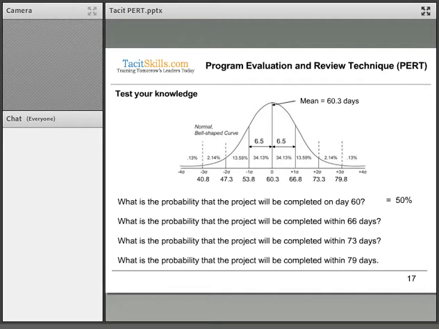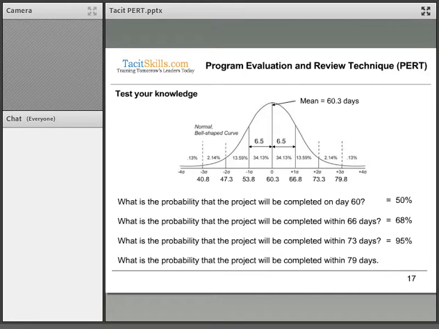If we look at the probability that we will complete the project within 66 days, then we can see where the 66 lands, and 66 days falls within 1 sigma, because 1 sigma is between 53.8 and 66.8. So we could say there's a 68% probability of completing this project within the 66 days.